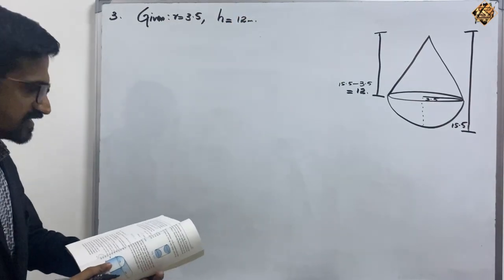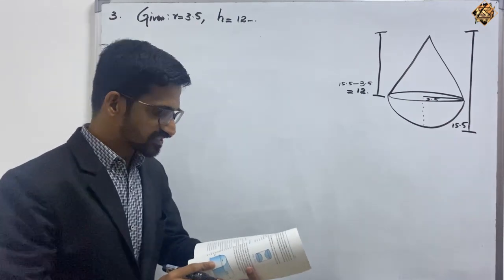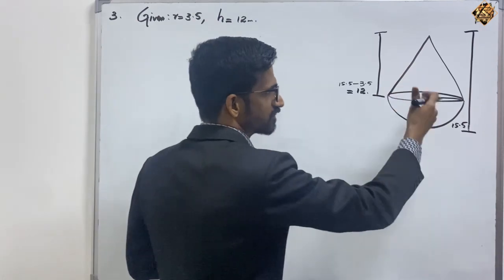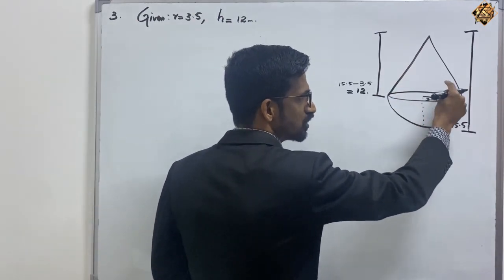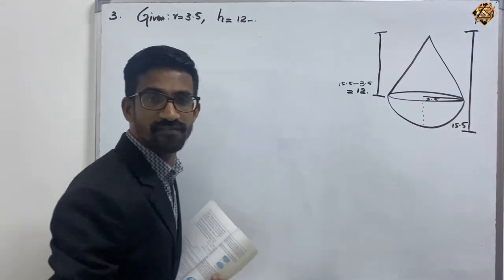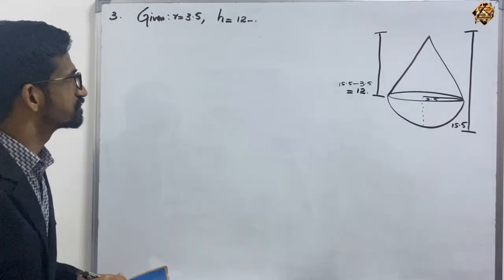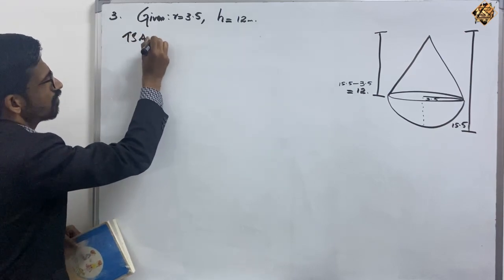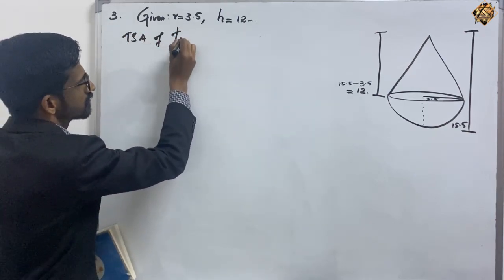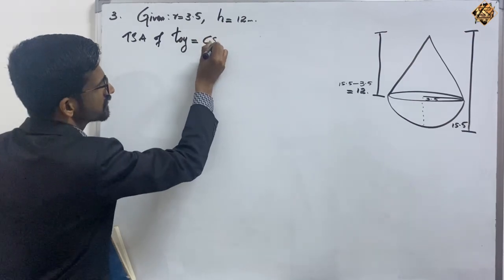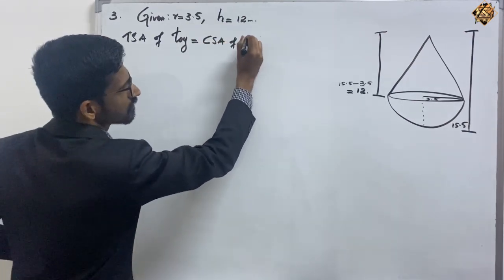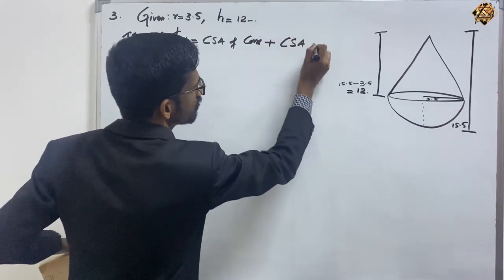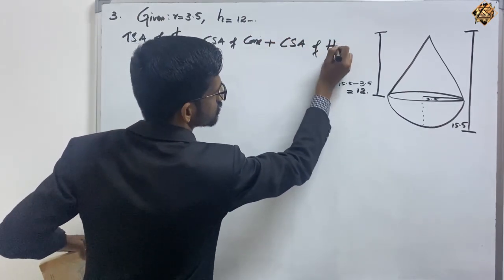And the final question is, find the total surface area of the toy. So what will be the total surface area of the toy? Total surface area of the toy will be equal to CSA of cone plus CSA of hemisphere, isn't it? So answer: TSA of toy will be equal to CSA of cone plus curved surface area of hemisphere.